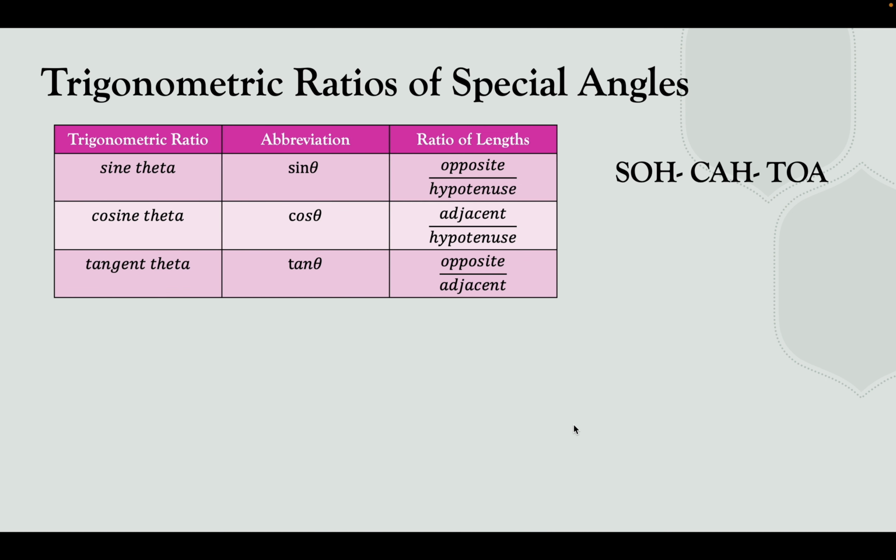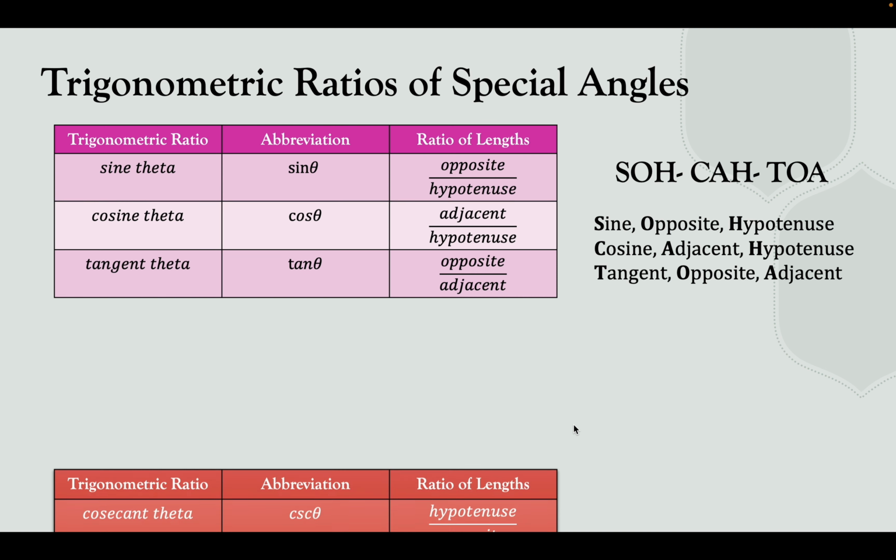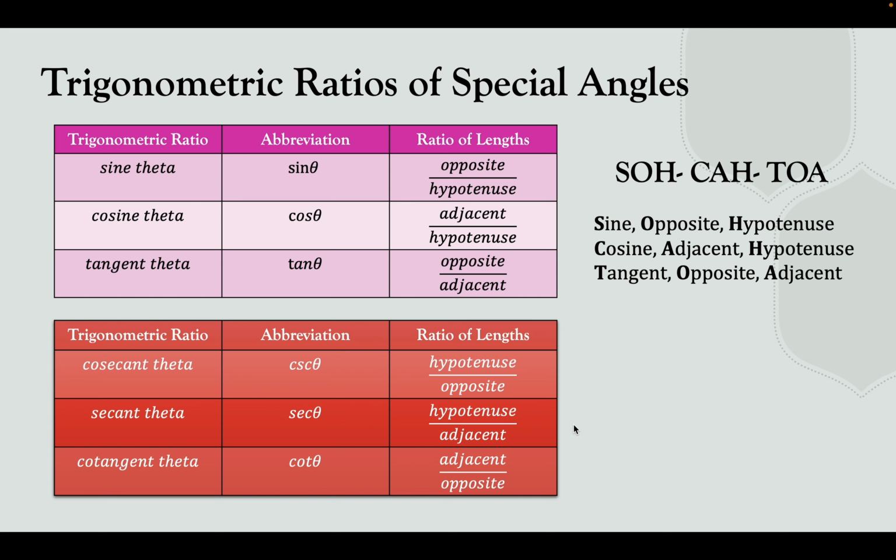So let's have a recall first. What are the six trigonometric ratios? We have SOHCAHTOA: sine is opposite over hypotenuse, cosine is adjacent over hypotenuse, tangent is opposite over adjacent. The other three are cosecant theta, secant theta, and cotangent theta.